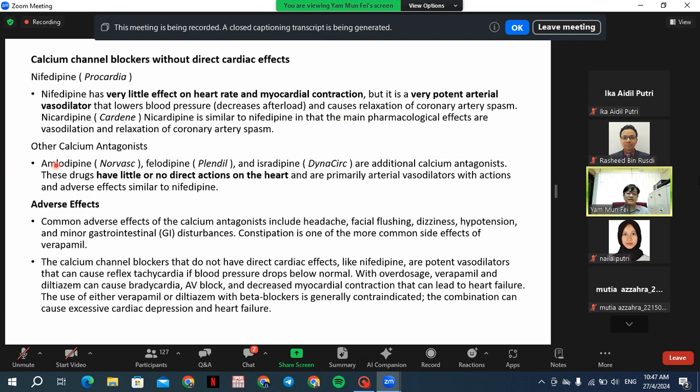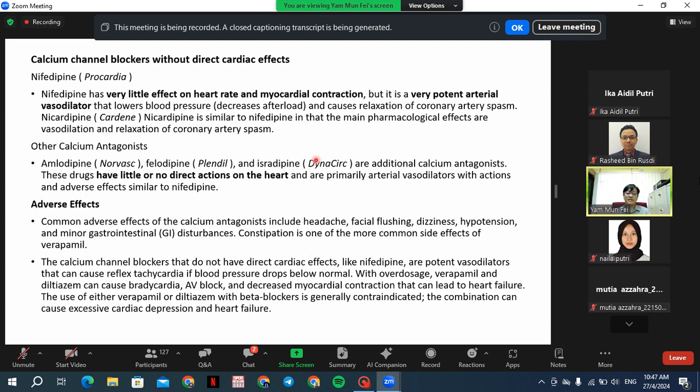Another type, as I just mentioned, includes members such as amlodipine, felodipine, and isradipine. This type of drug does not directly affect your heart.